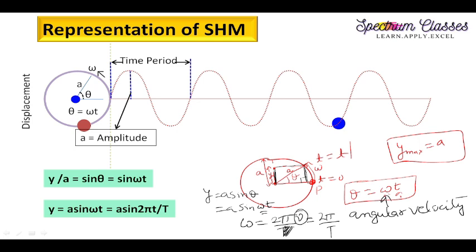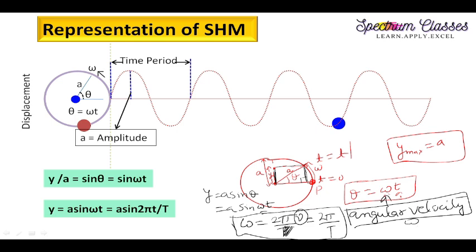So here again you have a question. You are saying this is angular velocity omega, but here you are saying this is angular frequency, right? This is in terms of frequency. So what is the confusion? There is no confusion, only a difference in our understanding.